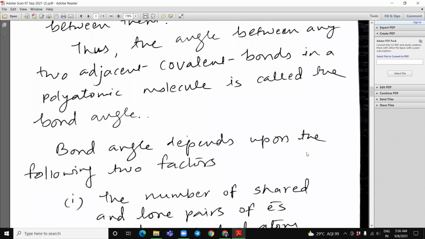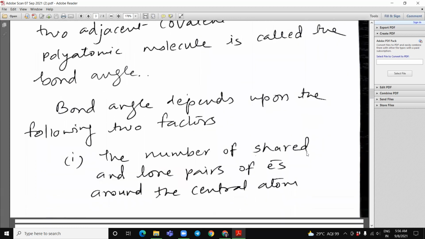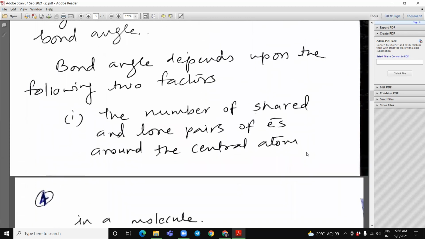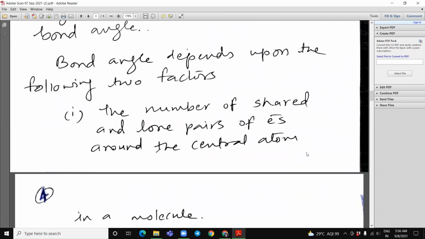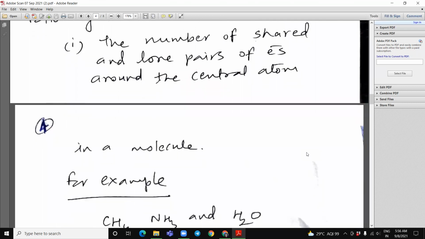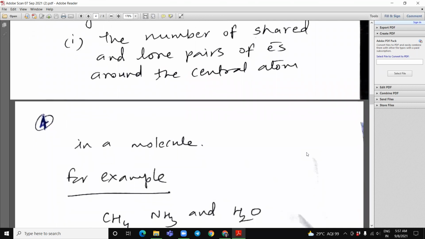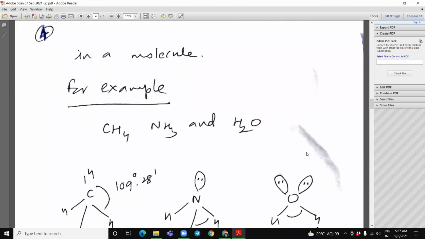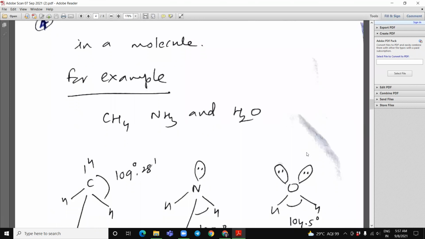Bond angle depends upon the following two factors: the number of shared and lone pairs of electrons around the central atom in a molecule. For example, methane, ammonia, and water.